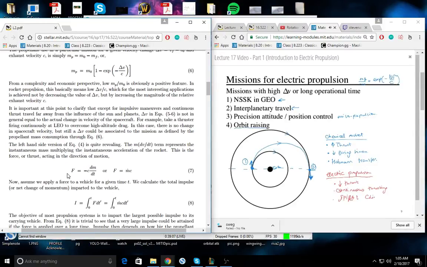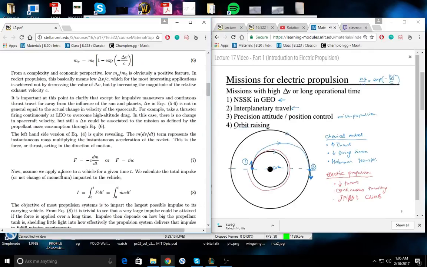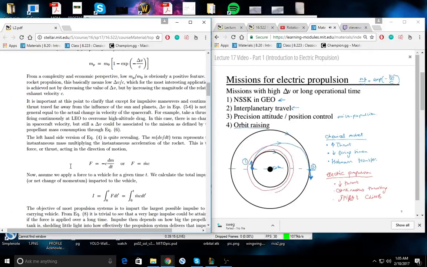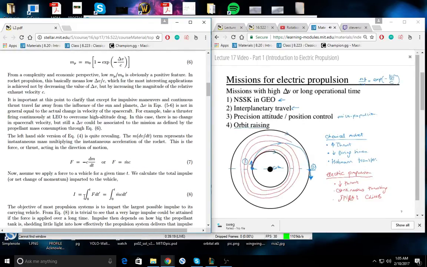Basically, we start with a trajectory that slowly and continuously raises the circular orbit until we get to our destination. So the mission analysis and design for each kind of engine is very different, but we can do it either way.